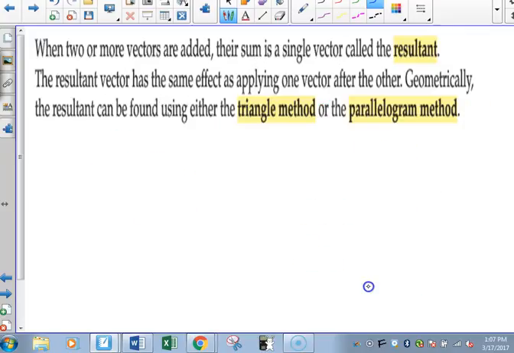All right, now I'm going to get to some crazy business stuff that we're going to revisit several times over the next few lessons. When two or more vectors are added, their sum is a single vector called the resultant. The resultant has the same effect as applying one vector after the other. Geometrically, the result can be found using the triangle method or the parallelogram method.